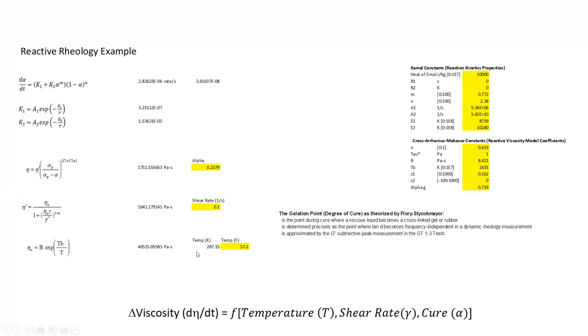And we plug it into all of these models, which then plugs into the Kamal model. And we're able to generate the key constants, the material characterization constants in this regard.